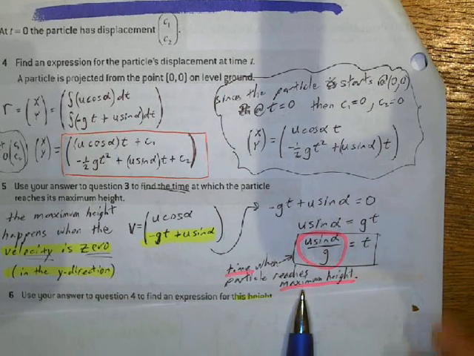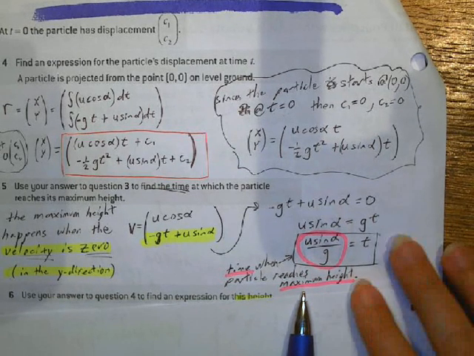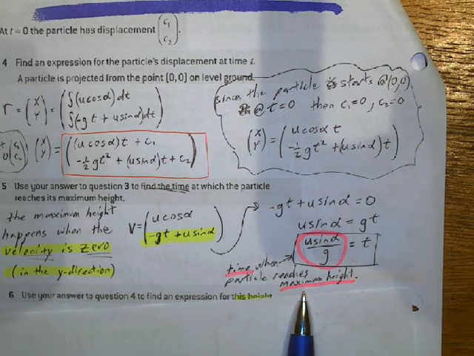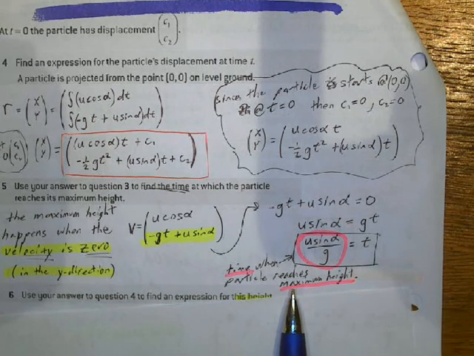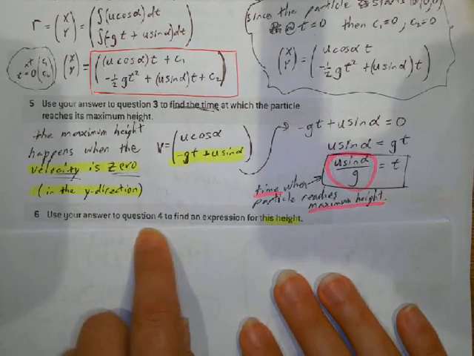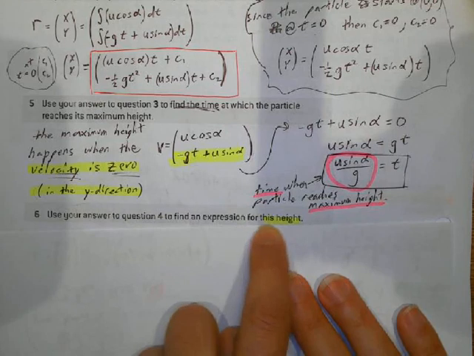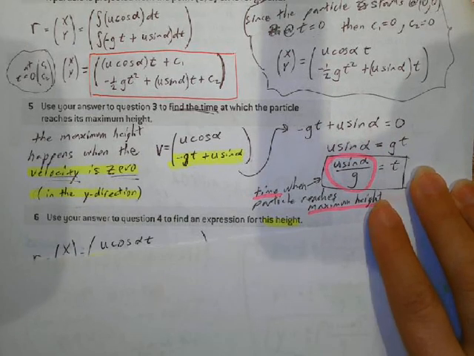I'm going to be coming back to this formula throughout this assignment. So you're going to see me coming back to this over and over. Okay? And we're going to come back to some of the earlier formulas as well. Okay, use your answer from question 4 to find an expression for this height. Okay, so an expression for this height, what did we do?